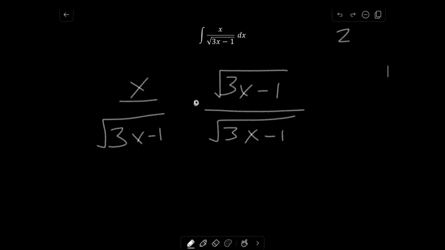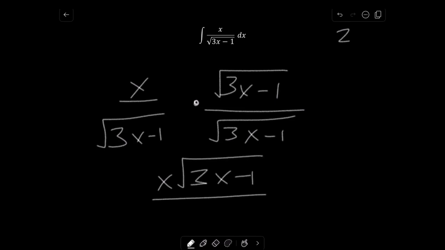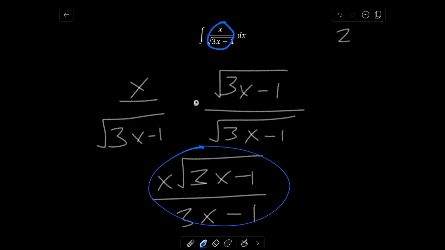All right, so let's try this, and we'll get x times the square root of 3x minus 1 over 3x minus 1. Now, which function do you think is easier to integrate? This one here or this one here? I think that this function still looks easier to integrate as opposed to that one. So we're not going to try and manipulate this integral any further.